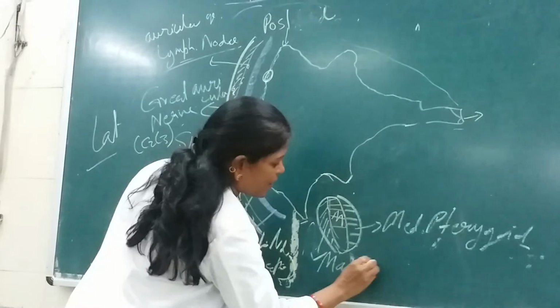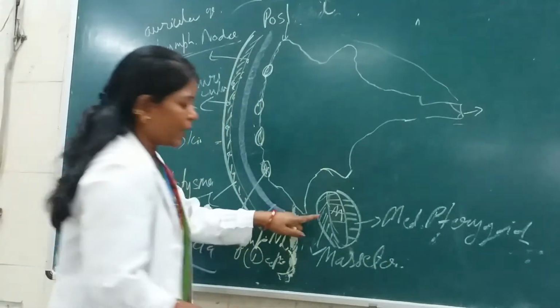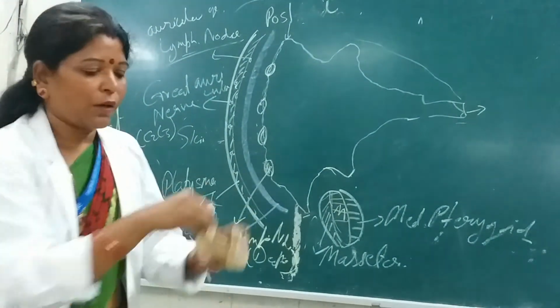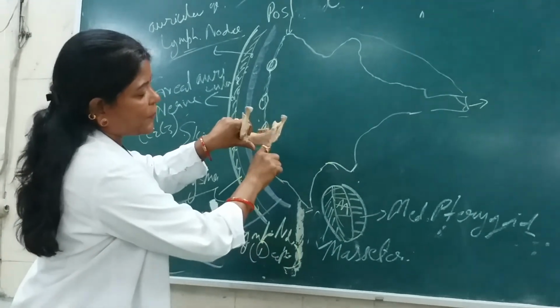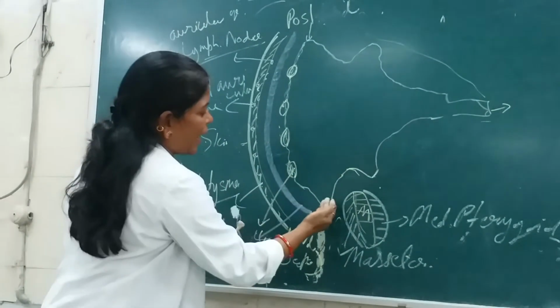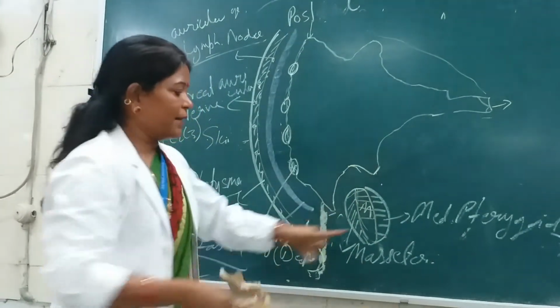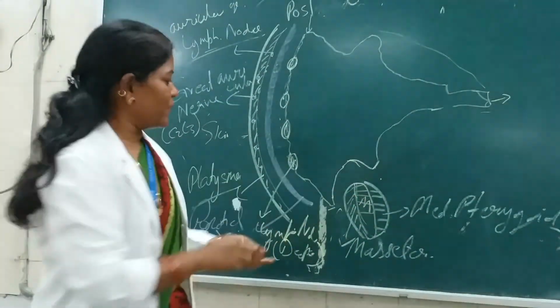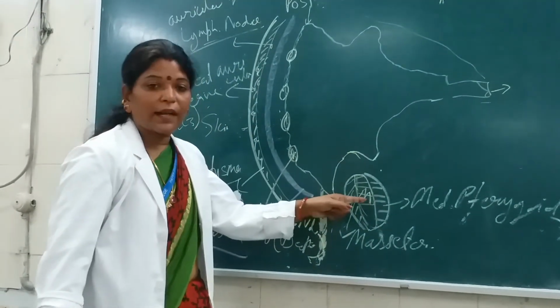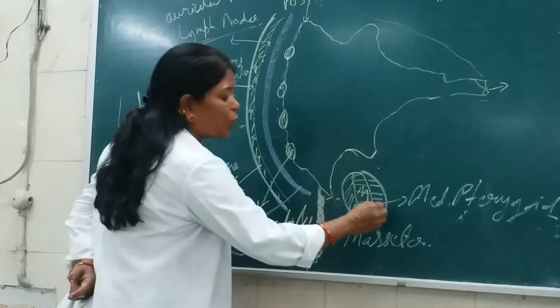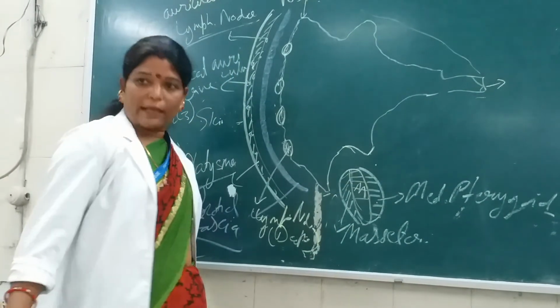Laterally it is the masseter, and medially it is the medial pterygoid. So this anteromedial surface is anteriorly related with this very important structure, the posterior border of the ramus of the mandible, and the two muscles which are attached here.